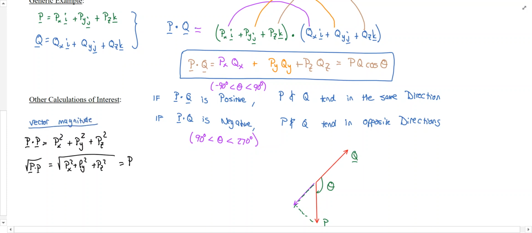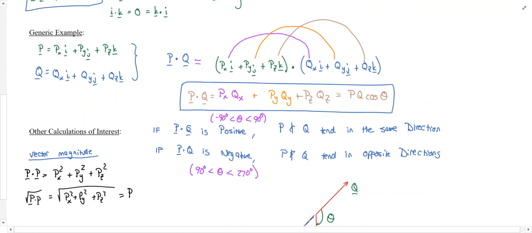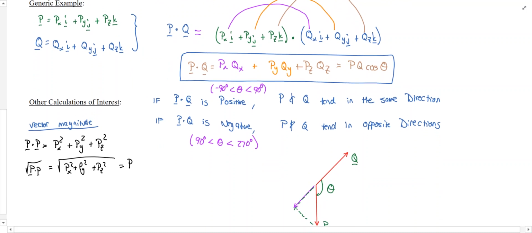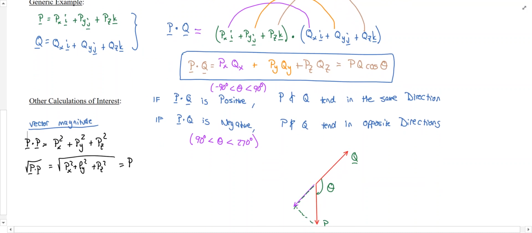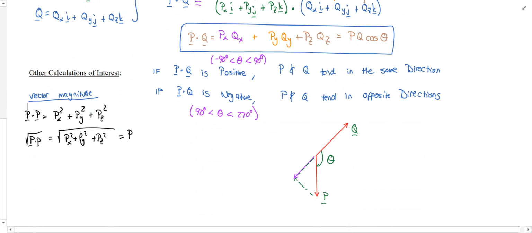So we've talked about how to get the angle between two vectors. We've talked about how to take a vector magnitude. We've talked about how to do a generic example of a dot product. There's one last thing to maybe mention here, and that would be the distributive law.